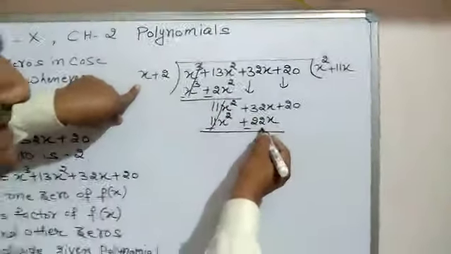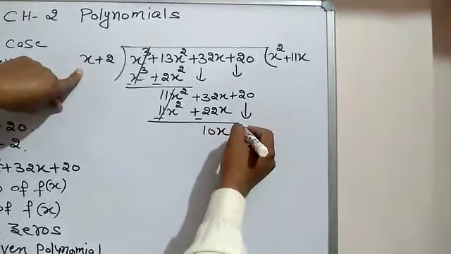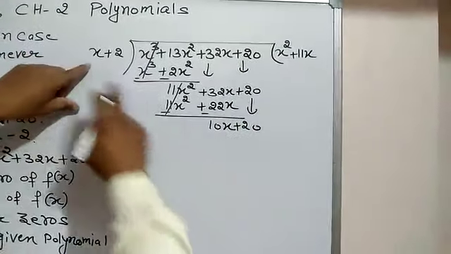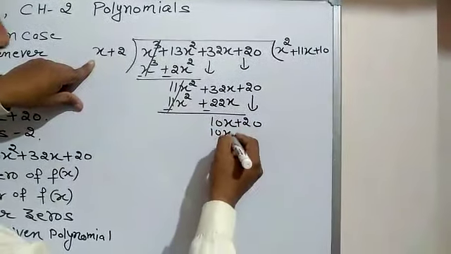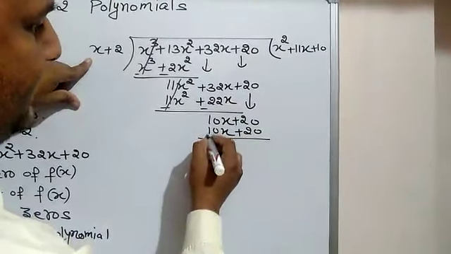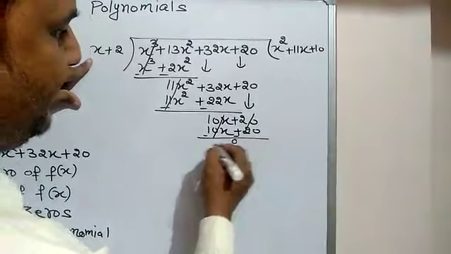Now 32x minus 22x, we are left with 10x, and plus 20 comes down. Here is 10x, here is x, so if we multiply by 10, we get 10x, and 2 into 10, 20. On subtraction, they cancel themselves. Remainder is 0.